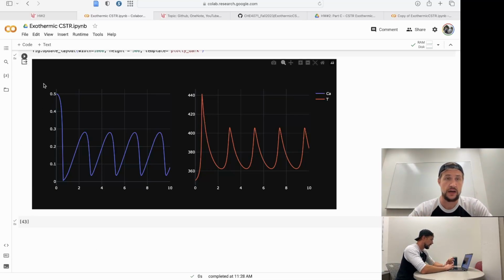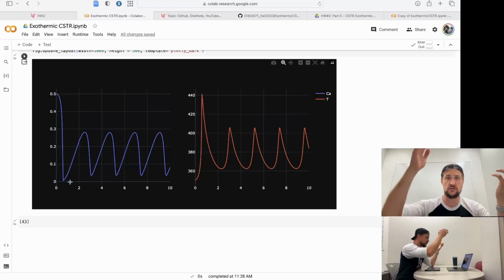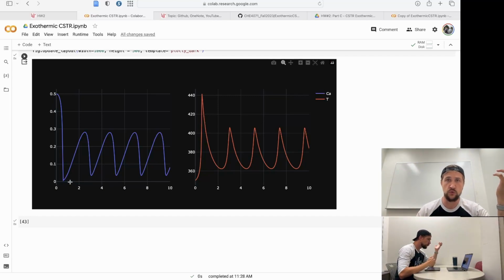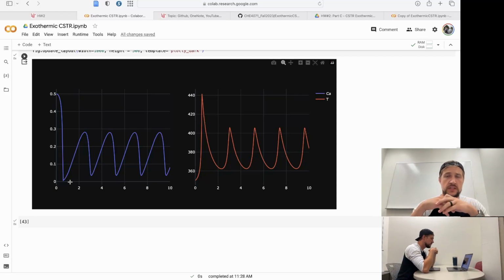And so concentration is getting quickly consumed, which means with it being exothermic, the temperature in the reactor skyrockets. Then once all the concentration of A is consumed, our temperature quickly cools back down until more concentration of A flows into the CSTR, and then on the cycle goes.